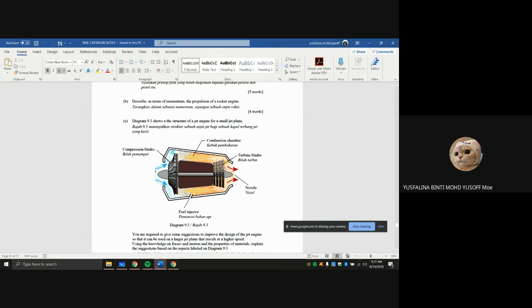Since the gas is moving in this direction to the right, based on the principle of conservation of momentum, there will be a forward force going in this way. So this is according to the principle of conservation of momentum, right?